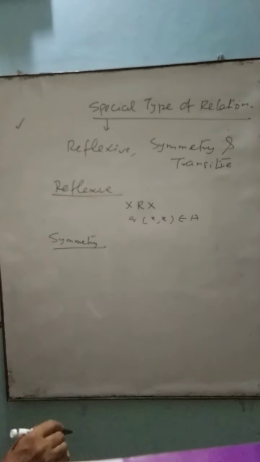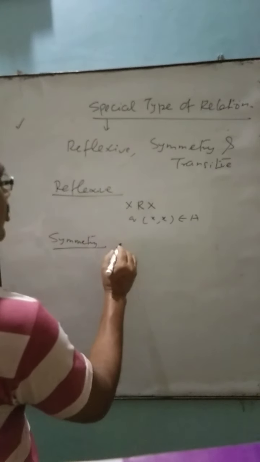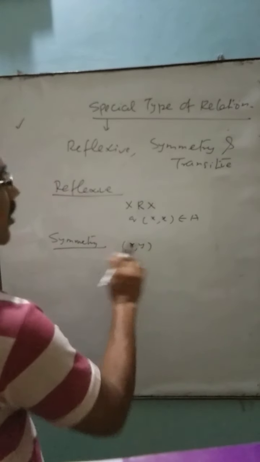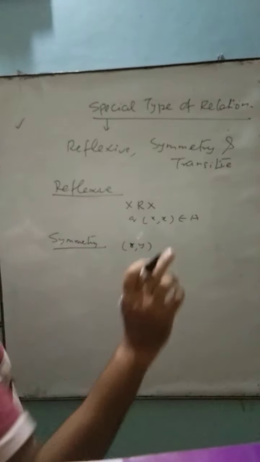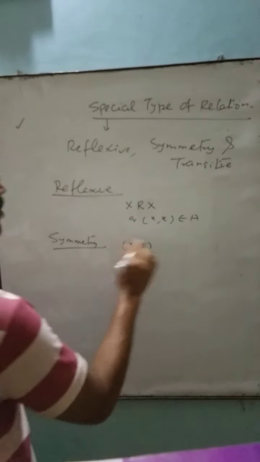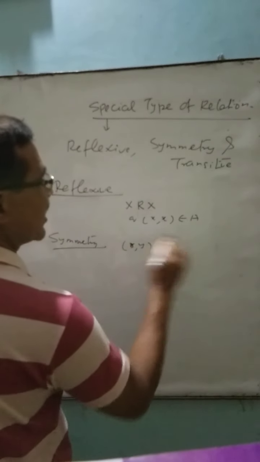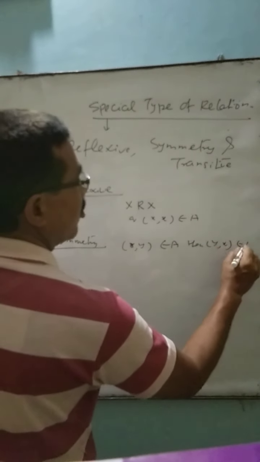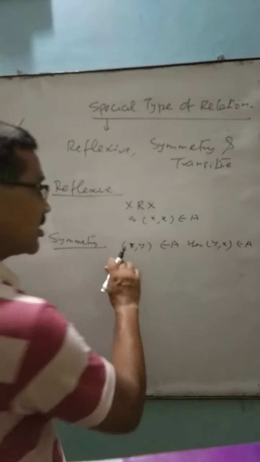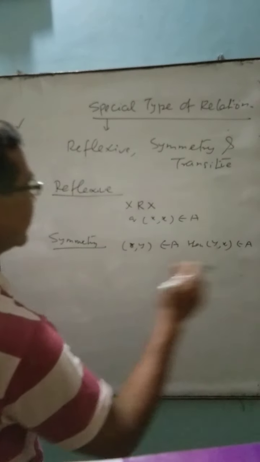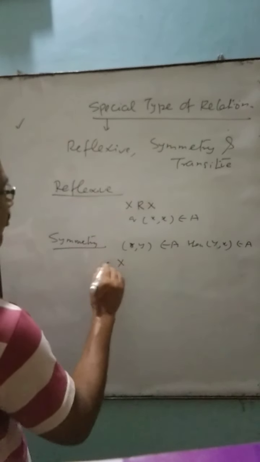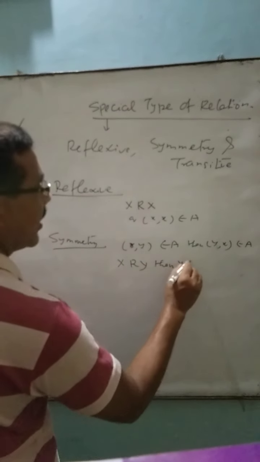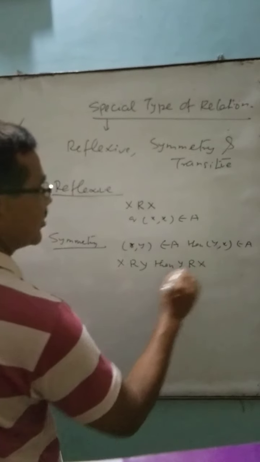What is symmetry? For symmetry, if two elements x and y, the two ordered pairs are given in a given relation, if (x, y) belongs to a given set A, then (y, x) also belongs to the same set A. Then it is known as symmetry. In other words, if x has some relation with y, then y also has the same relation with x.